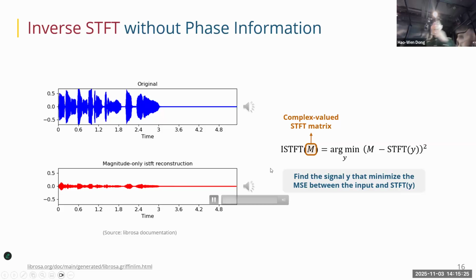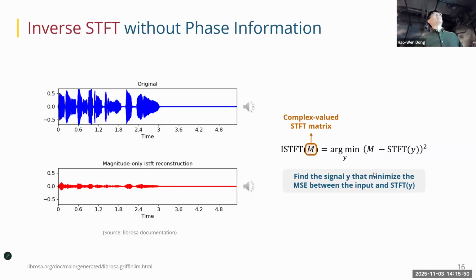So it doesn't really work. The idea is that, in the ideal case, you might imagine that given the magnitude only, you could find an audio signal that perfectly reconstructs your magnitude-only spectrogram.